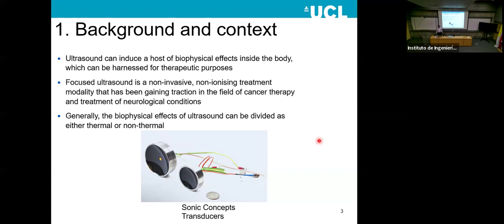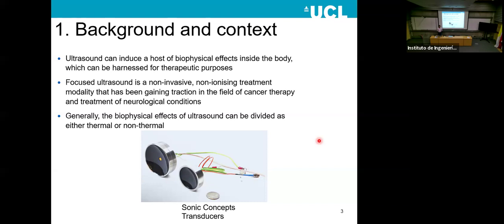So in a nutshell, ultrasound is a mechanical wave. If you propagate a mechanical wave through the body, it can actually induce a host of biophysical effects. You can basically excite cells. You can also induce mild hyperthermia, so elevation of temperature.